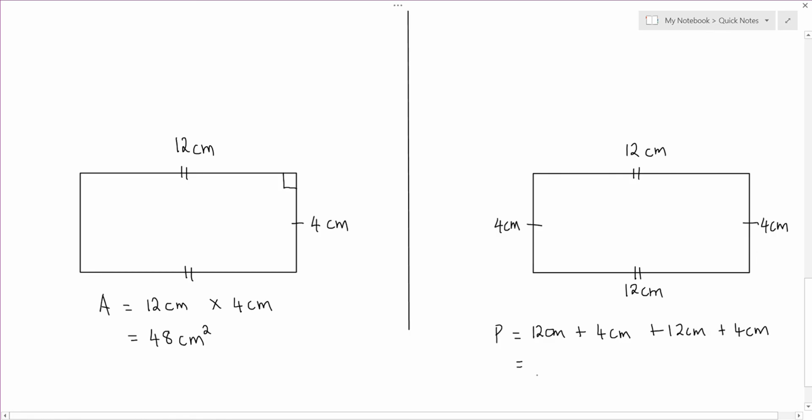Or you could go 2 lots of lengths plus 2 lots of widths. So 12 plus 12 is 24, and 24 plus 8 gives you 32. So that will give you 32 centimeters. And that's how you would work it out.